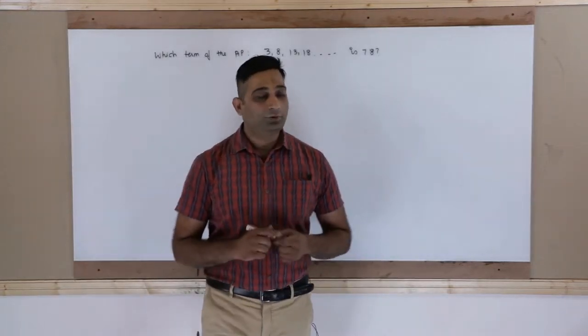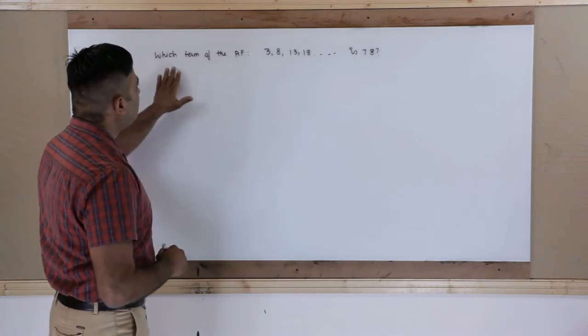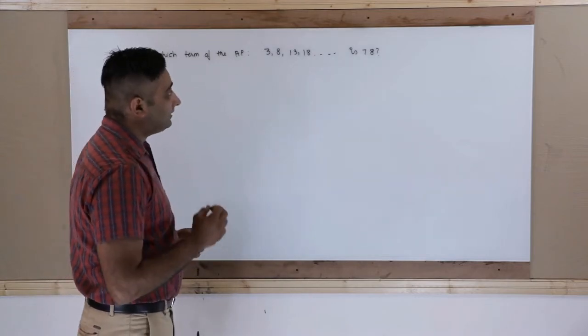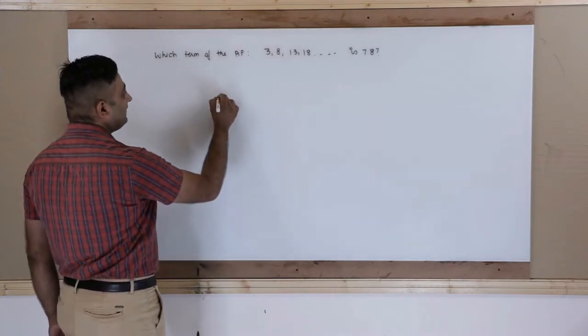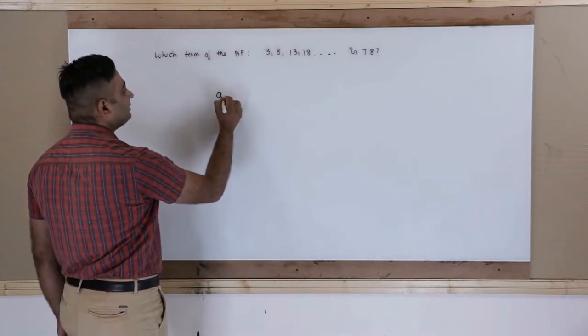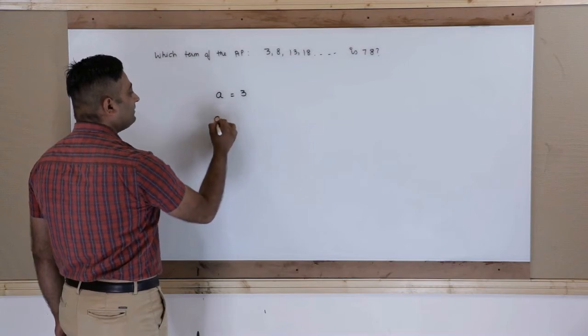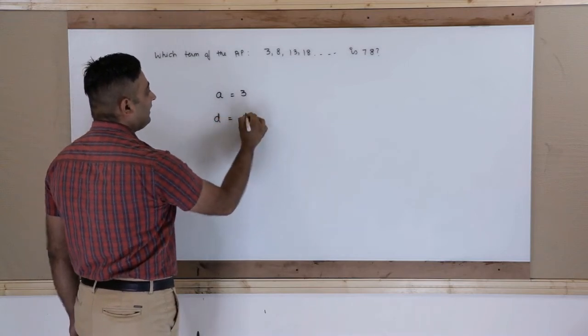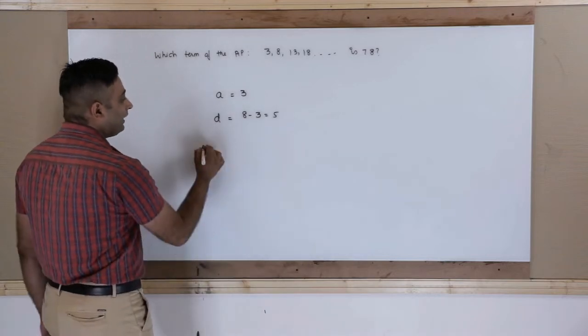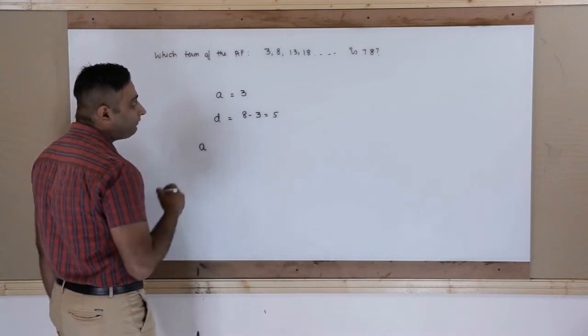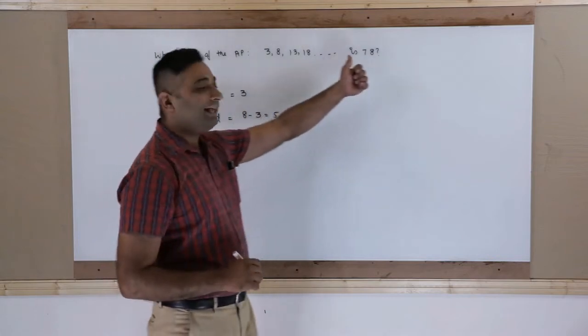Dear students, let us do one more problem. Which term of the AP 3, 8, 13, 18 and so on is 78? Now we can see that this is the AP with first term A equal to 3 and the common difference D, given by the second term minus first term, is equal to 5. Now the nth term of this AP can be supposed as 78.